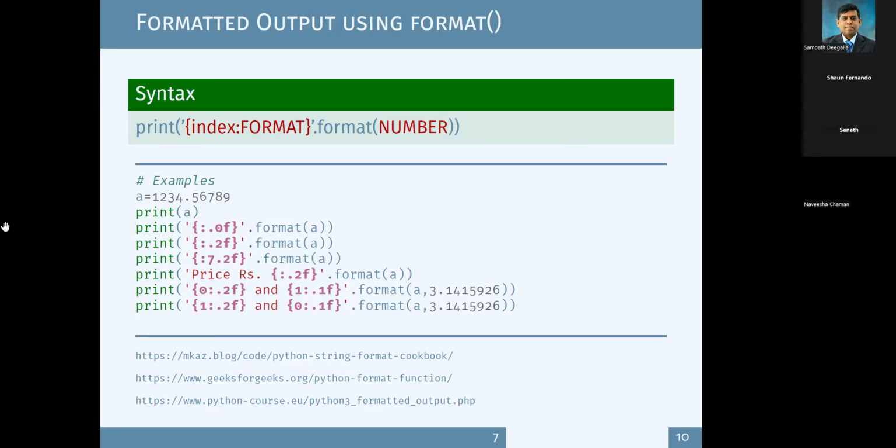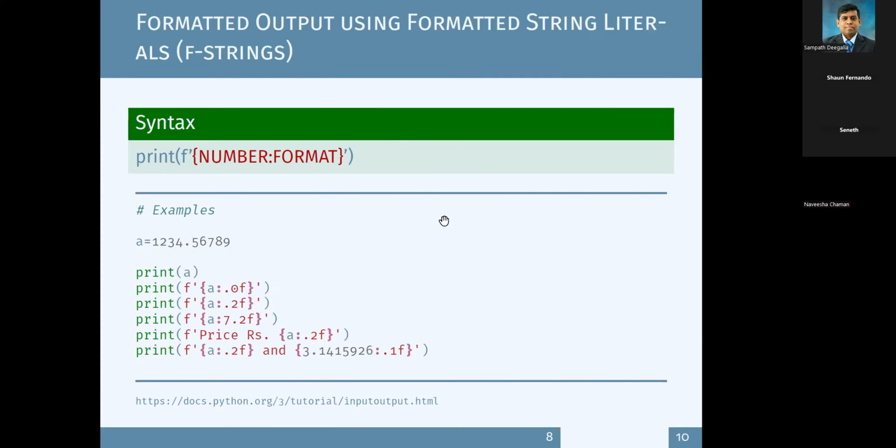Okay. Last one for today, meaning the last formatting instruction. Right. This is the newest, the latest way of representing or formatting output. So this is the latest way we should represent anything.